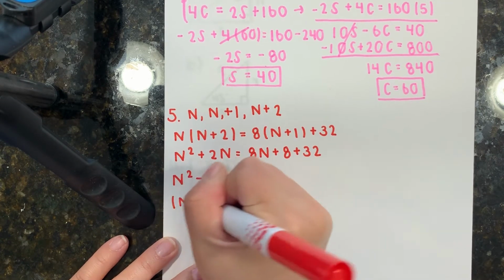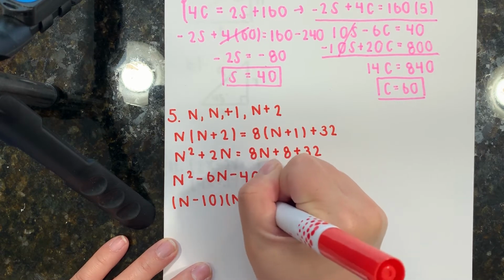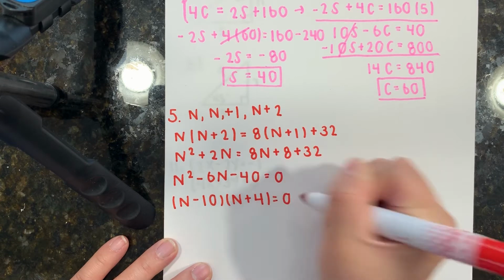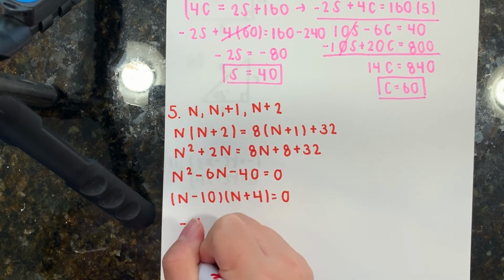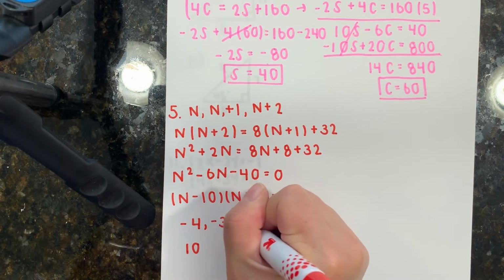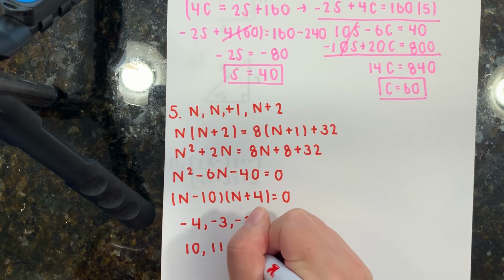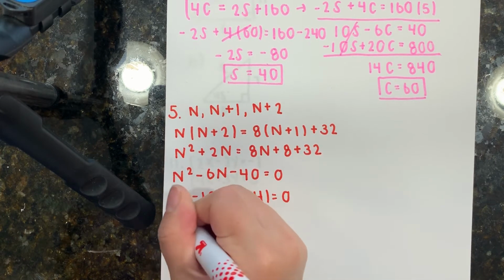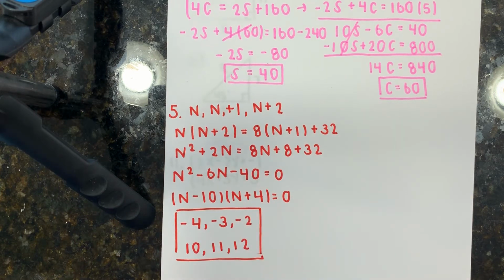So n minus 10 times n plus 4 equals 0. So I get two results: n is equal to negative 4, and n is equal to 10. So negative 4, negative 3, negative 2, then 10, 11, and 12 would be your results. 3 consecutive integers.